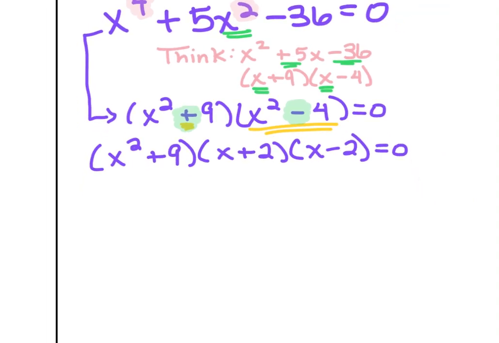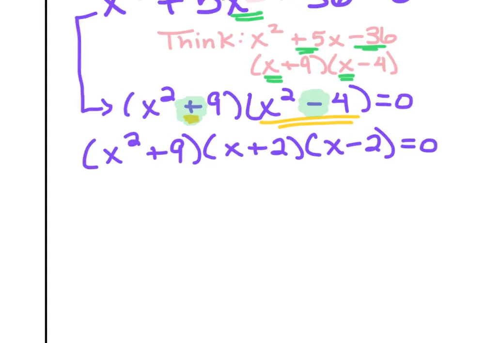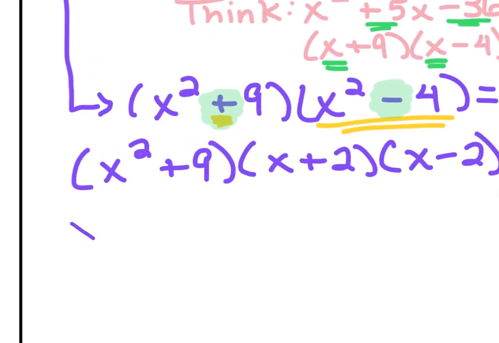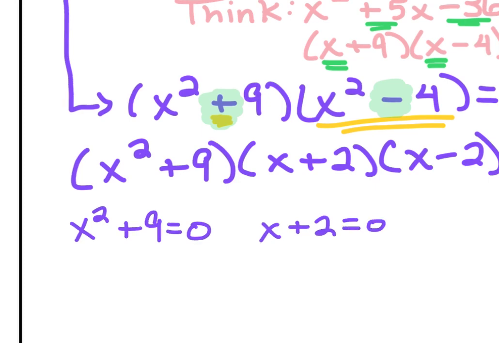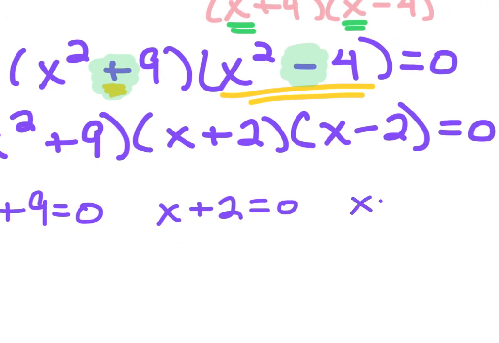But then you're going to take each of those factors and set them equal to 0. And so x squared plus 9 equals 0, x plus 2 equals 0, and x minus 2 equals 0.